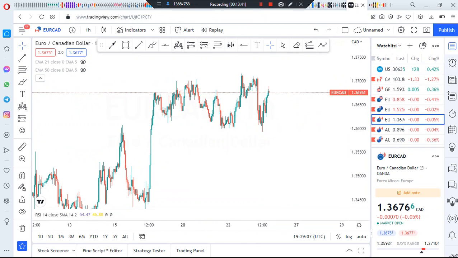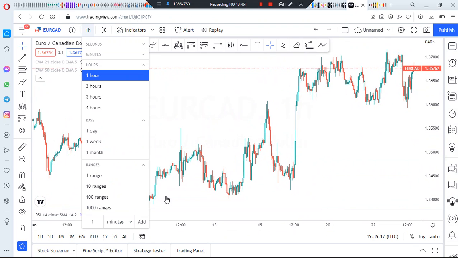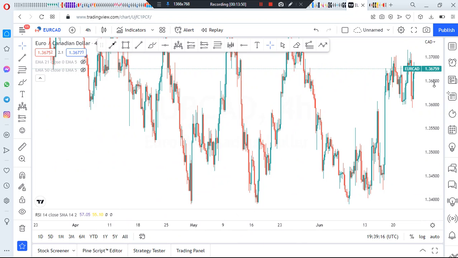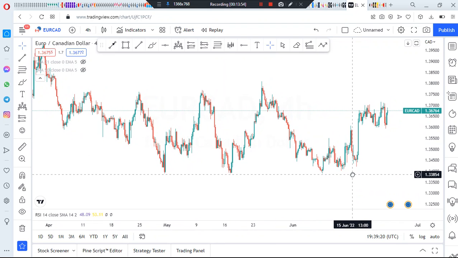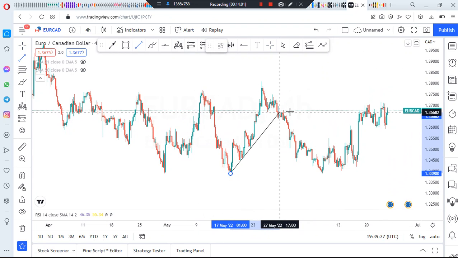So here we have the EUR/CAD, that is the Euro Canadian dollar. Let me go on the 4-hour time frame to see clearly what's happening here. Okay, so this is what we have.